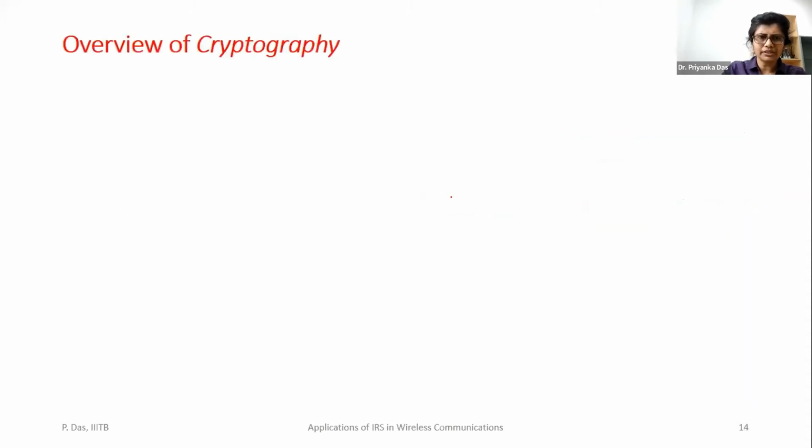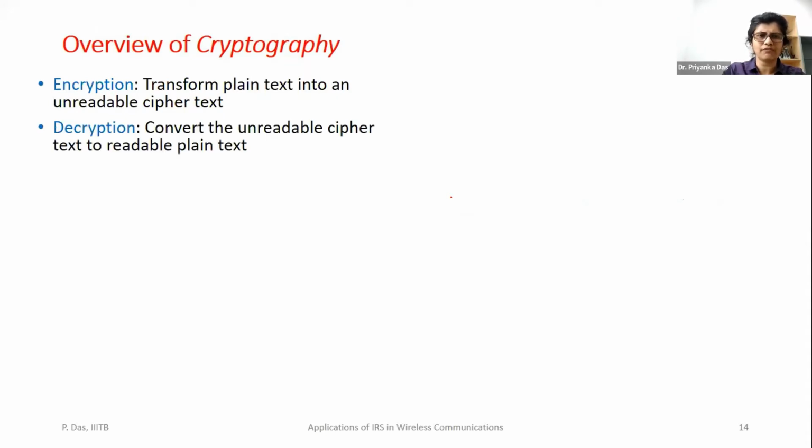So to start with, let's give a quick overview of the basics: what do you mean by secure communication, your cryptographic way. You are going to secure your message before transmitting. So people will opt for encryption and decryption methods. Now, what's the encryption method?